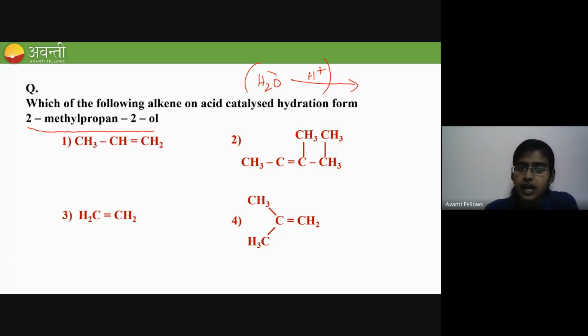We are going to add H2O to the alkene. In H2O we have H+ and OH-. So this acid is nothing but the catalyst. Now you have to add this H+ and OH- to the alkene. Which alkene will lead to 2-methyl propan-2-ol? Has anyone got the answer?